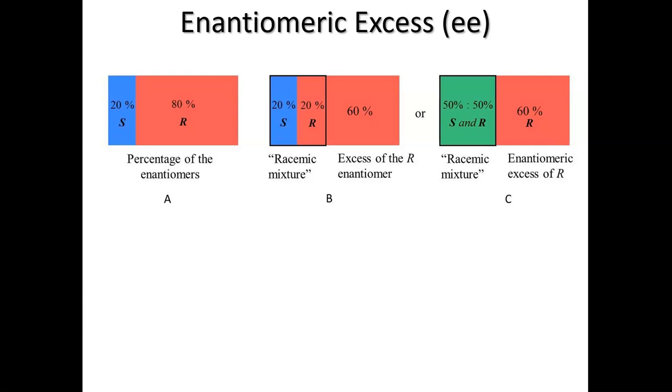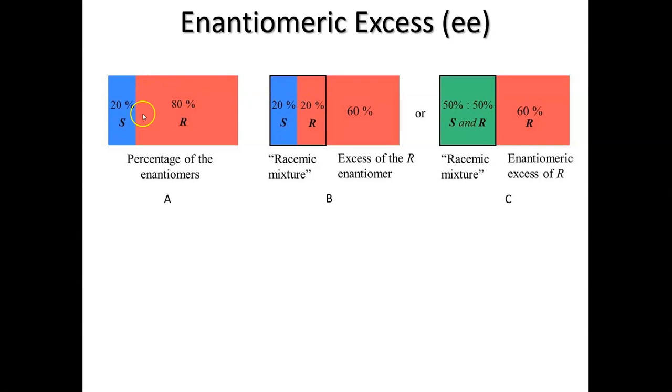So sometimes when chemical reactions are happening, especially in organic chemistry, we will generate one type of enantiomer versus another. And this process can generate, again, if we're looking at 20% S versus 80% R, these will cancel each other out in equal amounts.